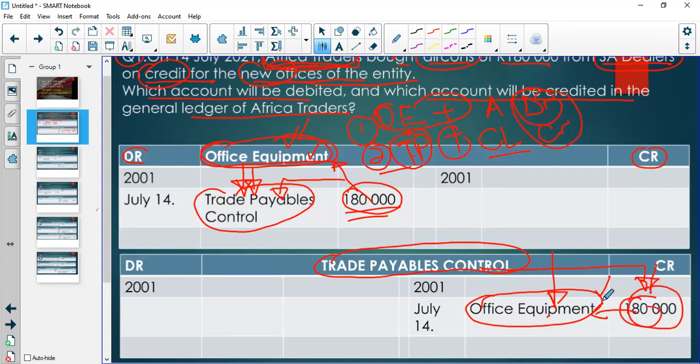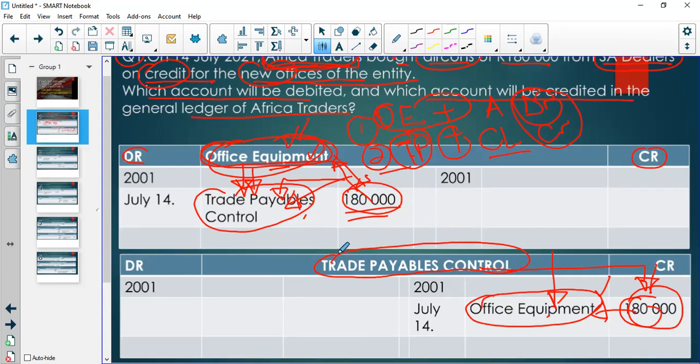It's a language: if somebody understands it, they just see office equipment and this entry and will know that we bought office equipment for 180 on credit. It's clear to them because they understand the language.